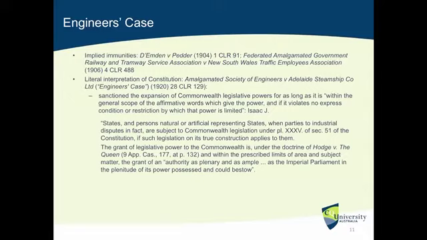In another case, in the case of Federated Amalgamated Government Railway and Tramway Service Association versus New South Wales Traffic Employees Association, in this particular instance, what the Commonwealth did was then to pass a law which said that the Commonwealth Arbitration Court could have jurisdiction over disputes between states and their employees.